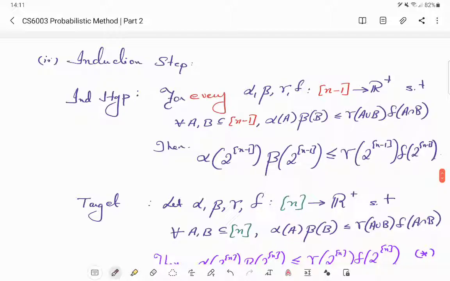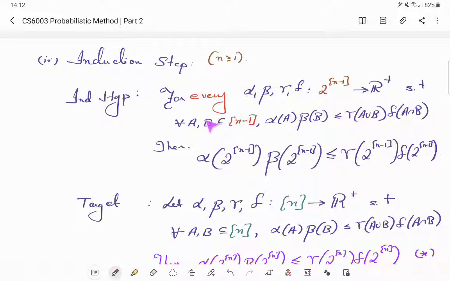Okay, so in the induction step, we will assume that n is at least 1. What is the induction hypothesis? For every 4 functions, remember, this is for every 4 functions from, oh, this is wrong, I should have written 2 to the power n minus 1 to non-negative real numbers.